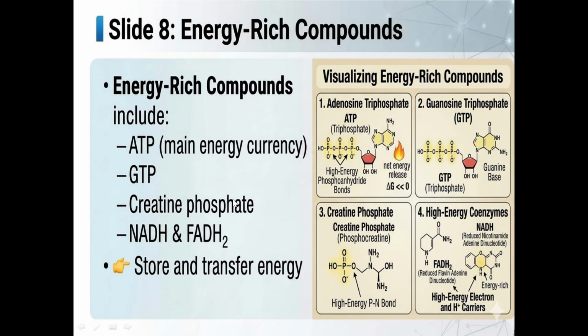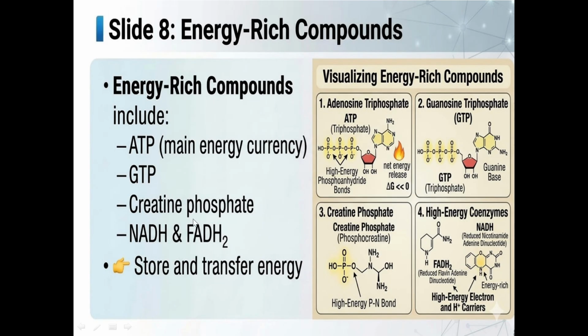There are many energy-rich compounds, which include ATP, also called the main energy currency of the body, and GTP, and creatine phosphate, which is also used as an alternative to ATP, and also NADH and FADH2.